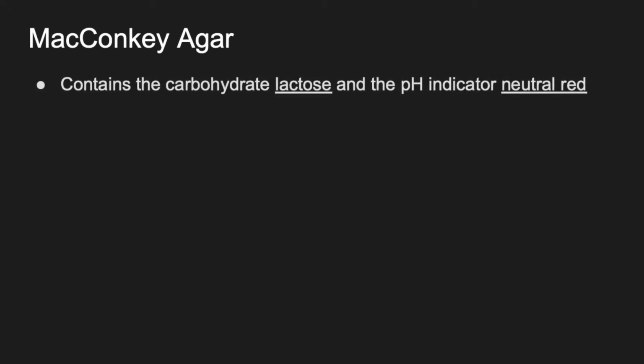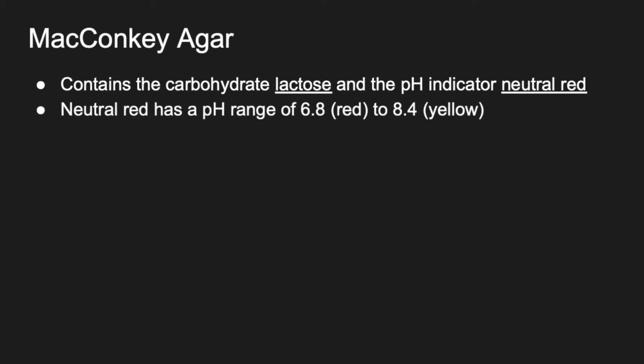So MacConkey agar contains lactose. It's a carbohydrate that the agar itself has, and it has a pH indicator that goes by the name of neutral red. Neutral red has a pH range of 6.8, which is red, to 8.4, which is yellow.